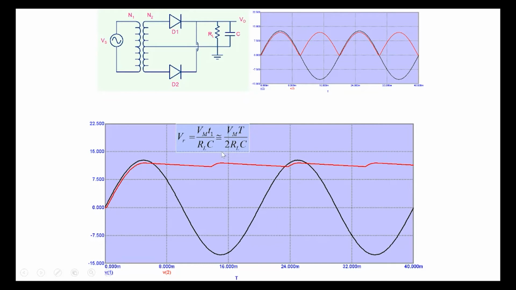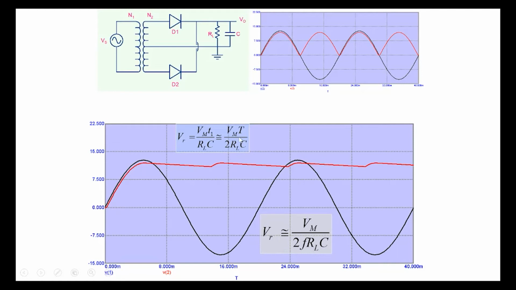In each half cycle, one diode turns on, and in the other half cycle the other diode turns on. So the capacitor discharges only for about half the cycle, and then whatever charge the capacitor has lost, D2 turns on and supplies that charge. So for the same RL, same C, everything same, the ripple is reduced by a factor of 2.